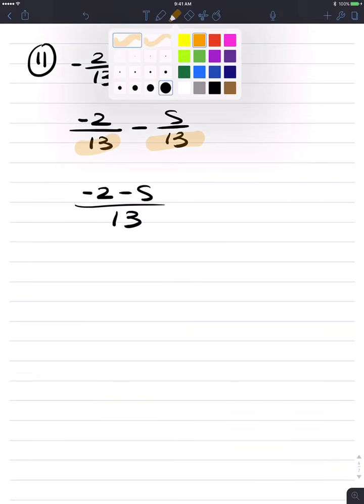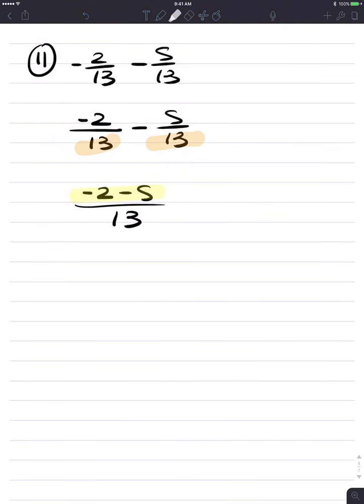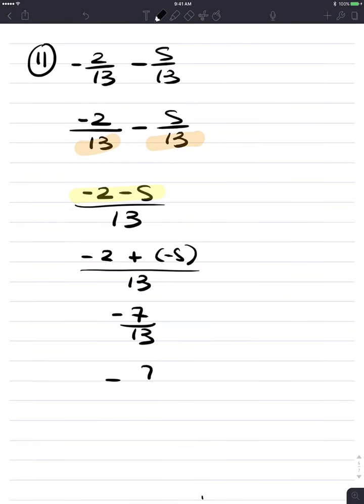I'm going to perform the arithmetic on top. The arithmetic can be written as negative 2 plus a negative 5 over 13. So I owe $2 and I owe 5. I owe 7. Keep your subtraction or your negative sign at the same level as your division sign. And notice that 7 is prime and 13 is prime, so they will not cancel. I'm done.